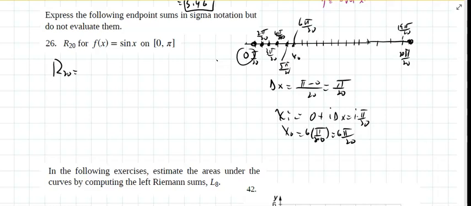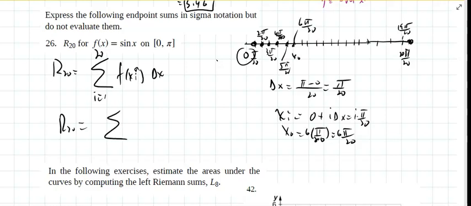So R sub 20 is going to be the sum i equals 1 to 20 of f of x sub i star delta x. X sub i, we said, was 6 pi over 20.